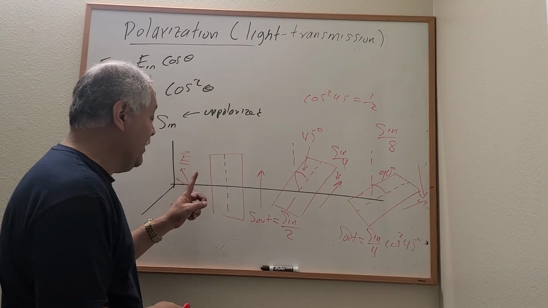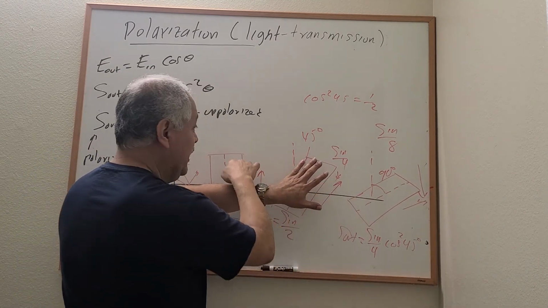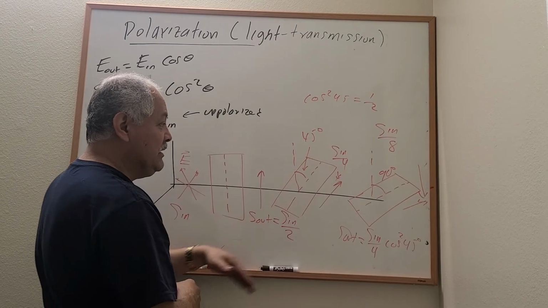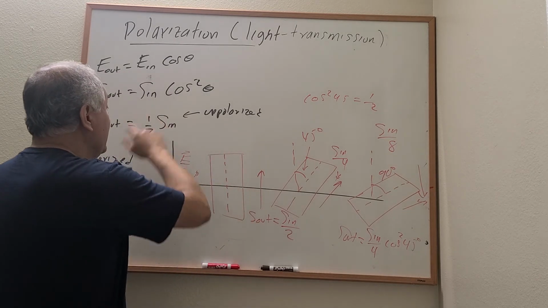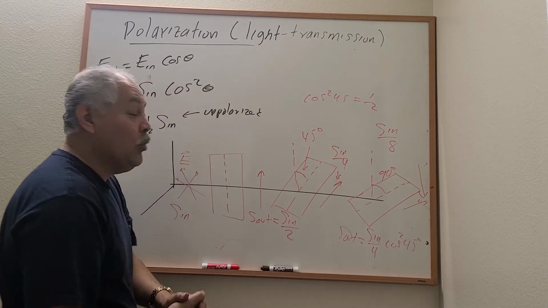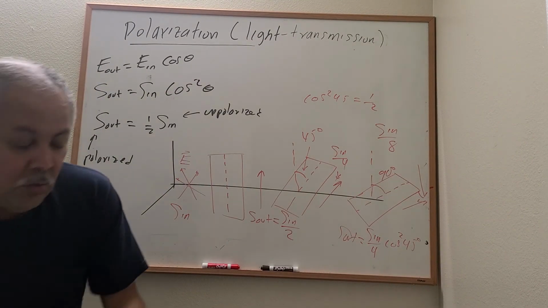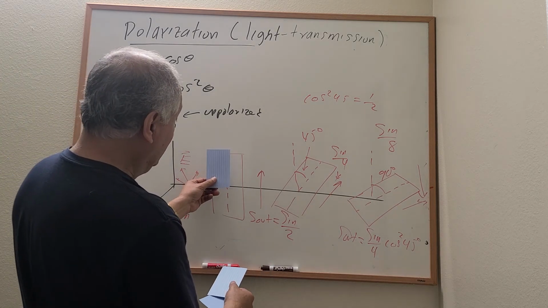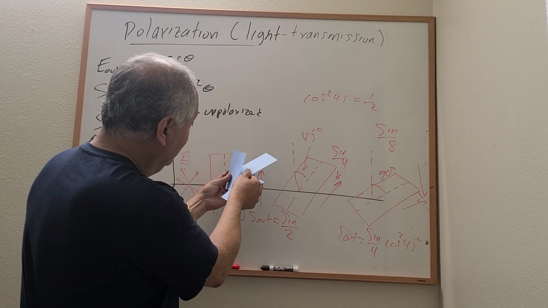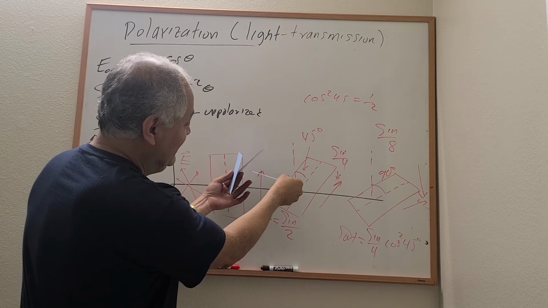It's a vector. Right here, if we use one more time only the first one and the last one, the difference is 90 degrees, so we use cosine 90 degrees, which of course is going to be 0, so the last one is going to be 0. But when we place an extra one, look, we have one polarizer at the beginning, another one with an angle, and the last one like this. Can you see it?